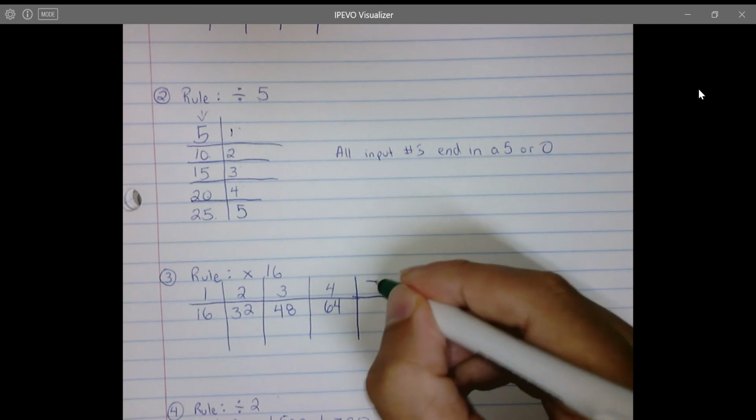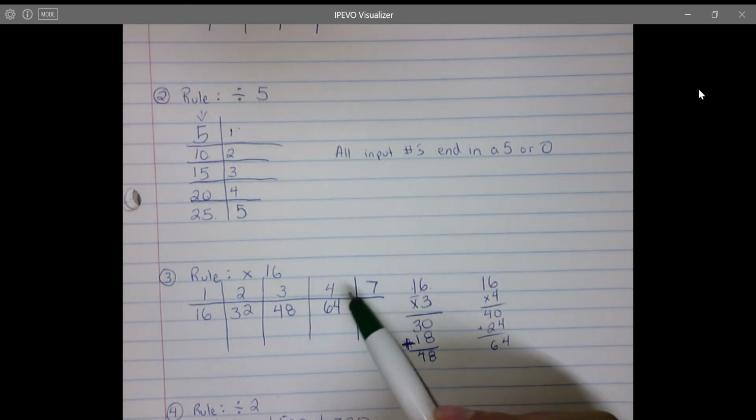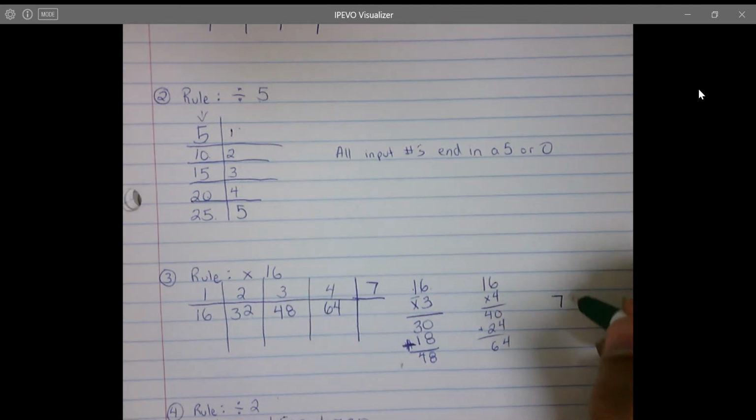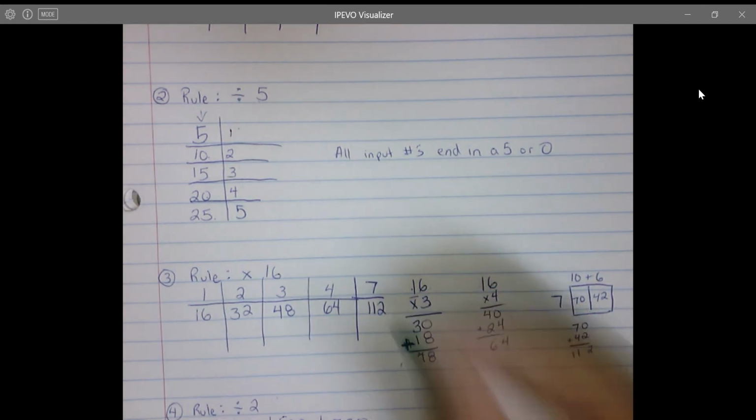Let's say this all of a sudden jumped up to 7, so it broke that pattern. It wasn't going up by 1, so I'd still have to do 7 multiplied by 16. If I want to do an area model, decompose 16 into 10 plus 6. 7 multiplied by 10 is 70. 7 multiplied by 6 is 42. When I add 70 and 42 together, I would get 112.